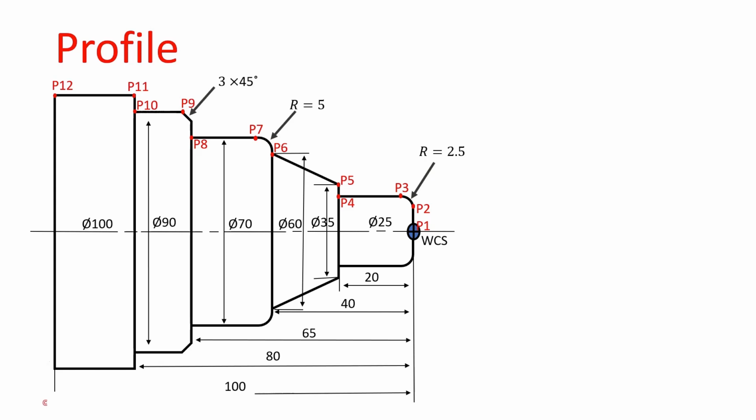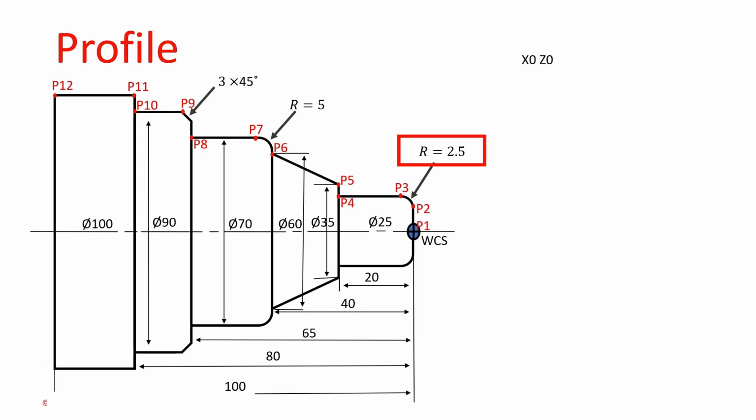Now, we will discuss the values of these points. The P1 point value is X0, Z0. Next, P2 point. In the P2 point, we don't know the diameter value. We discussed in previous sessions how to calculate the diameter value. This is our radius value.